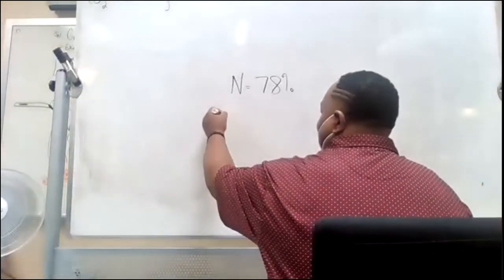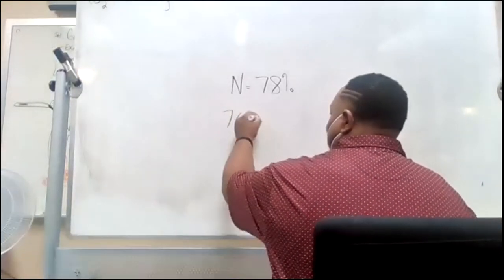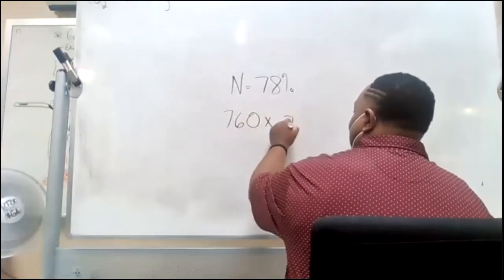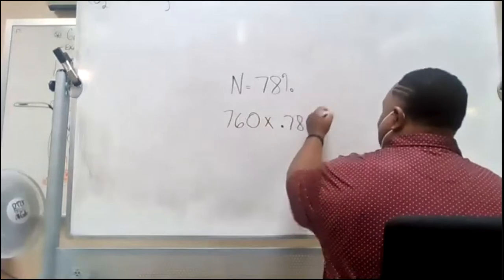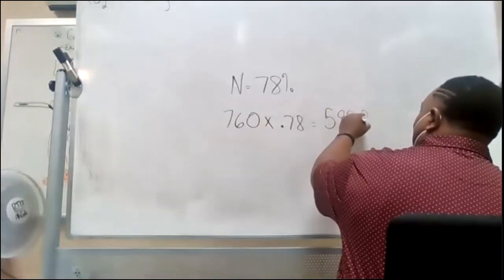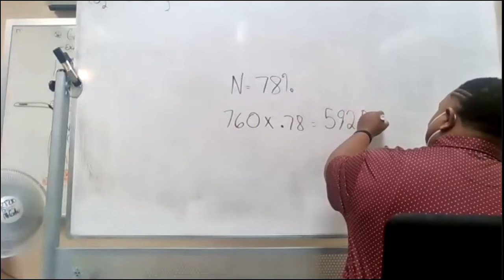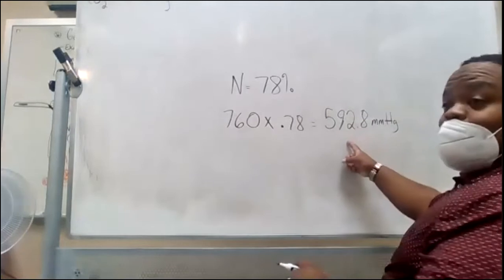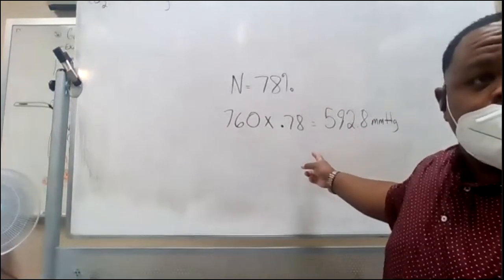So we said 760 times 0.78, and that gave us 592.8 millimeters of mercury. That's a lot. That's almost all of it.